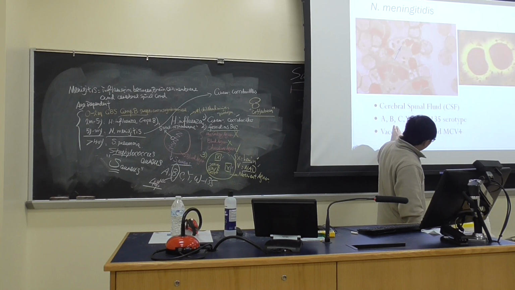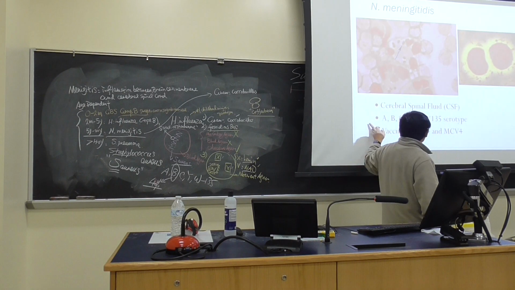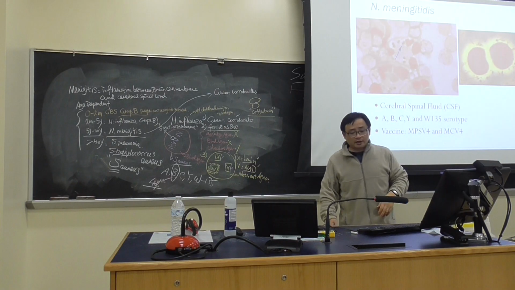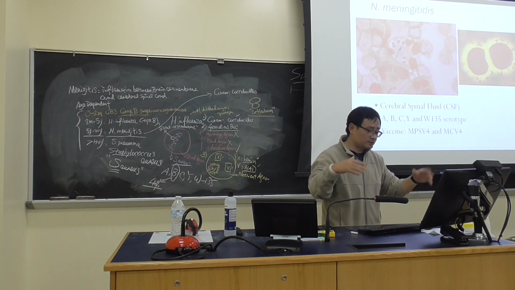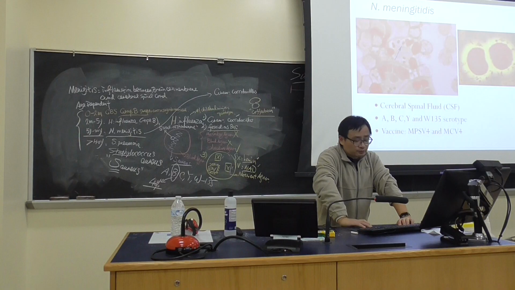After 2012, they generated new vaccines, MPSV4 and MCV4, that can cover all these serotypes. I don't know if WVU has this regulation, but California, Connecticut, and Maryland require you to have the vaccine to prevent meningitis for college students.